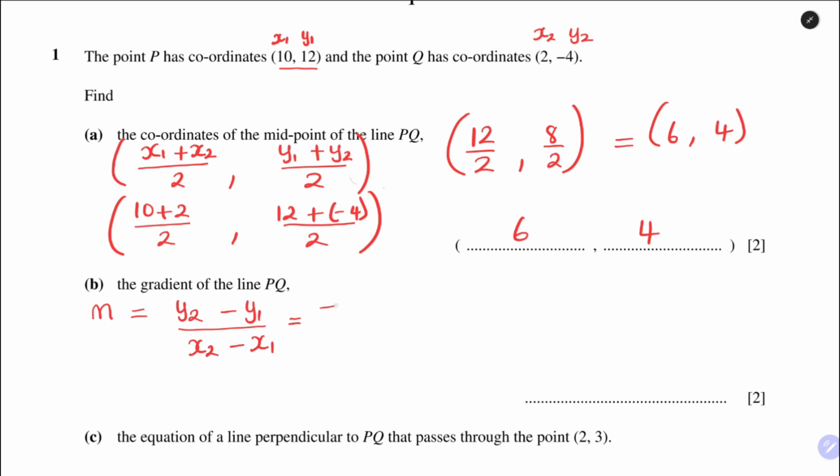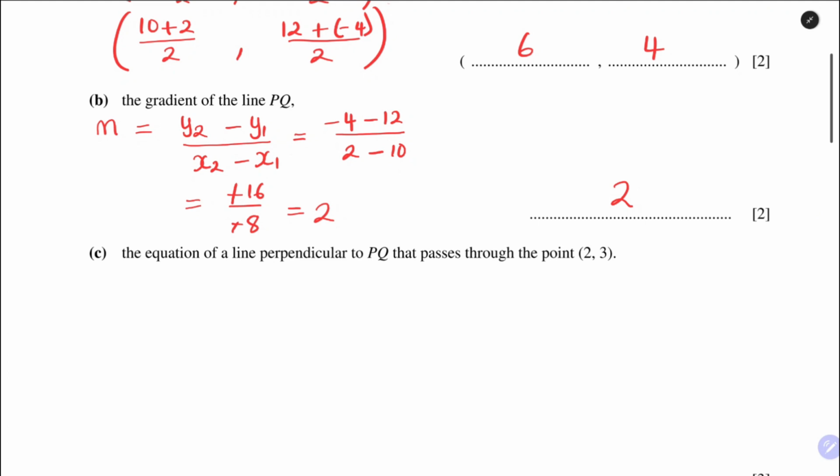Our y2 is -4 minus y1, which is 12, over x2 is 2 and our x1 is 10. So that is 2 minus 10. And this would give us -4 minus 12 is -16 divided by 2 minus 10 is -8. The minuses cancel out. 16 divided by 8 will give us 2. So the gradient of line PQ is 2.